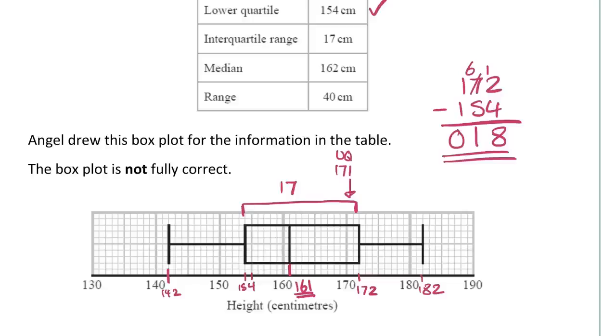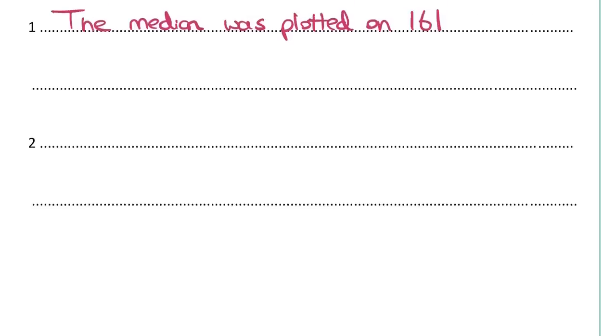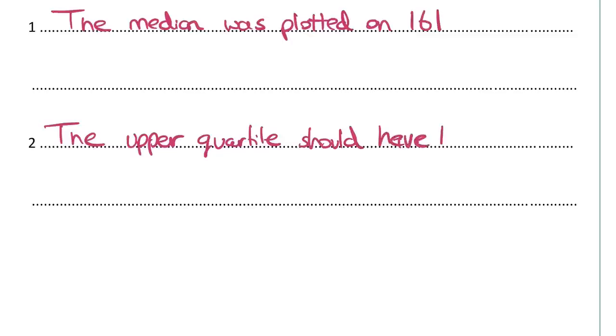It was supposed to be 17, so the upper quartile was plotted on the wrong number as well. The upper quartile should have been 171. So we can write that in. The upper quartile should have been 171. So there we go.